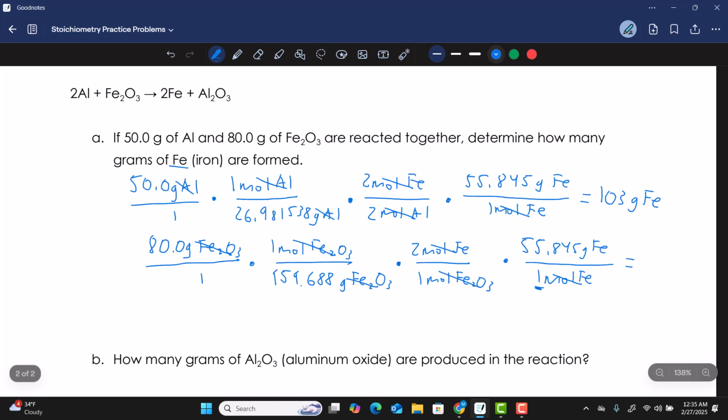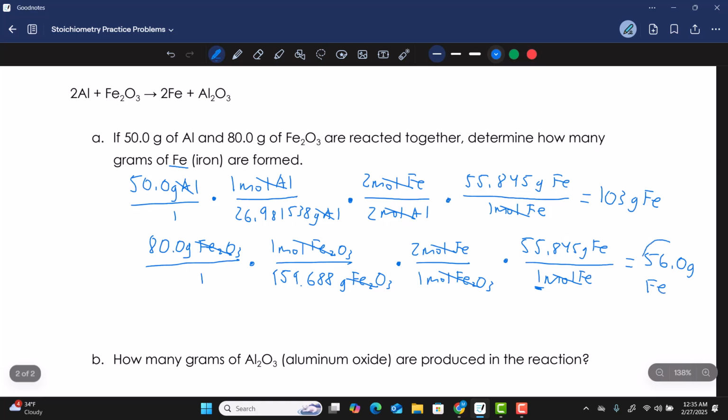So 80 times 1 over 159.688 times 2 times 55.845 gives us 55.95, which is just 56.0 grams of Fe.